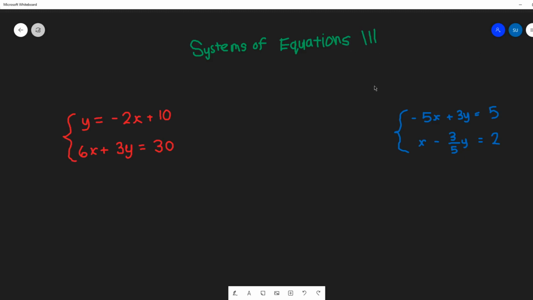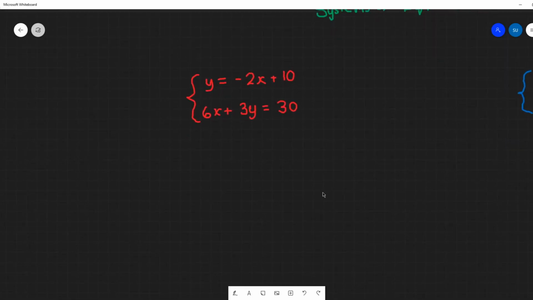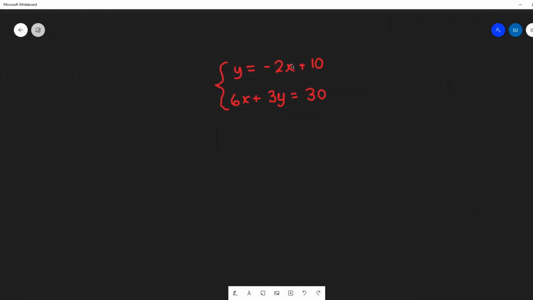Well, it works somewhat similarly for systems of equations, except there are two variables and two equations in this case. So first, let's look at this left example that we have. We have the equation y equals negative 2x plus 10. And the second one is 6x plus 3y equals 30. Now already I can see something that we can do with the second equation, and that is divide everything by 3.